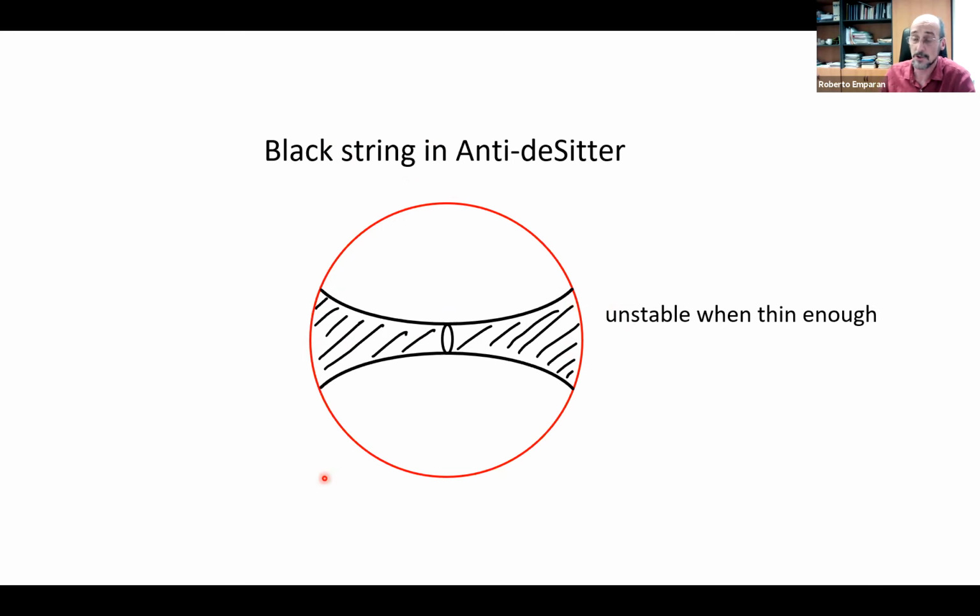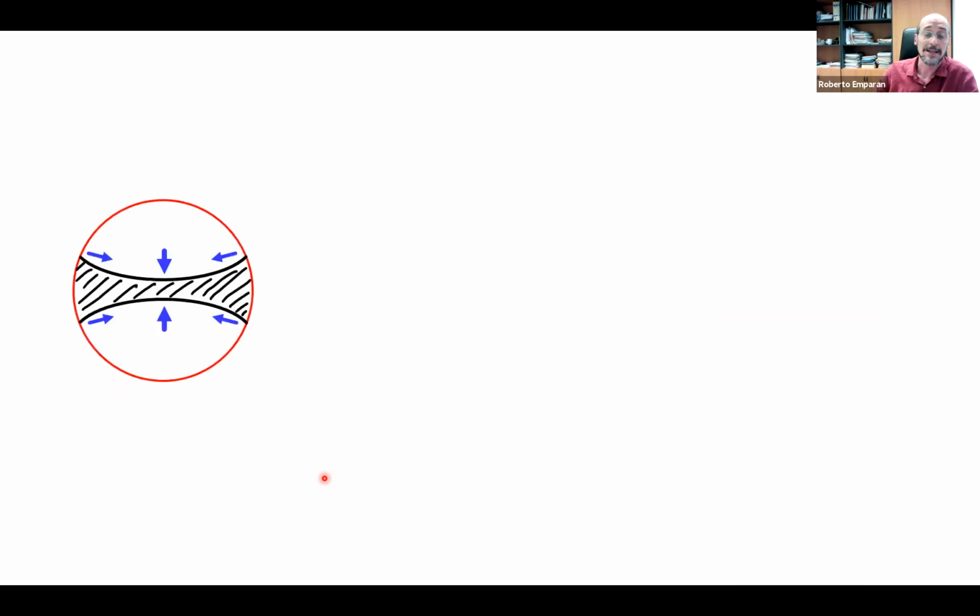So the CFT dual interpretation is interesting, but also because from the point of view of the bulk, there's interesting dynamics. Here you have an infinite horizon. It's a non-compactly generated horizon, which means that the area theorem doesn't apply to it. You can have horizon generators coming from infinity and adding to the size of the horizon in the bulk.